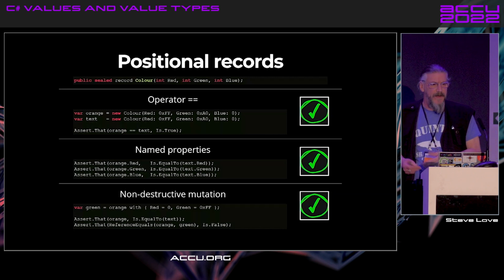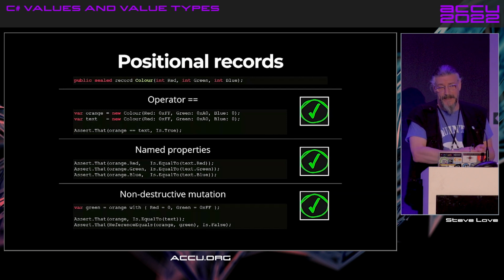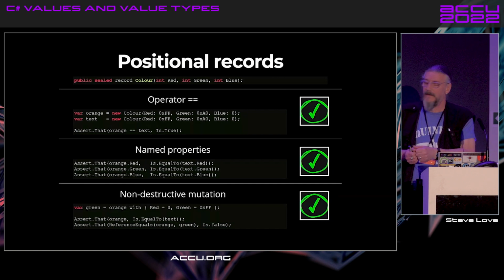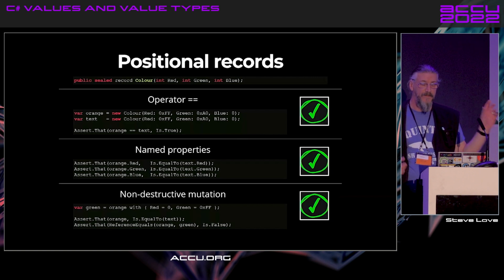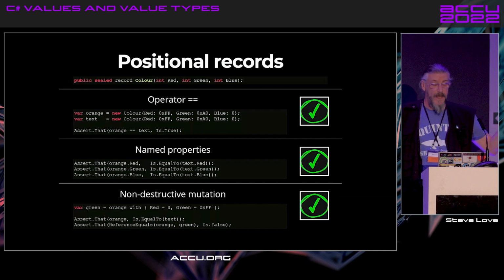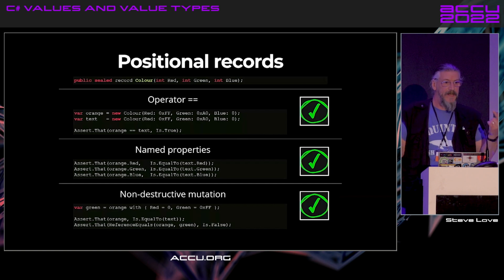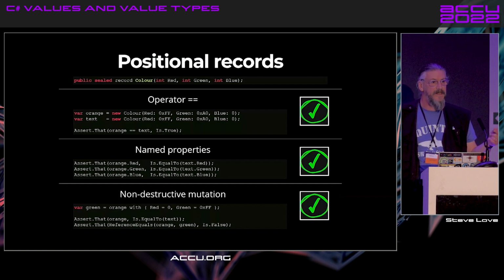What it's really doing is giving you a copy by value semantics for what is ultimately a reference type. So when records compile down as classes, if we have two variables of our type color and we just assign one to the other, we end up with two references to the same instance. And if we could make any changes to that instance, they would be reflected in both because the instance is being aliased by two references.